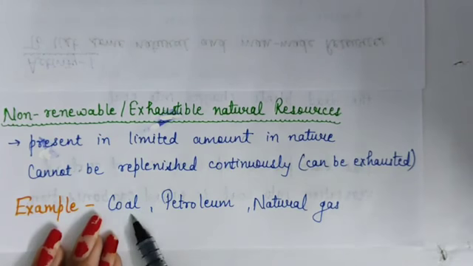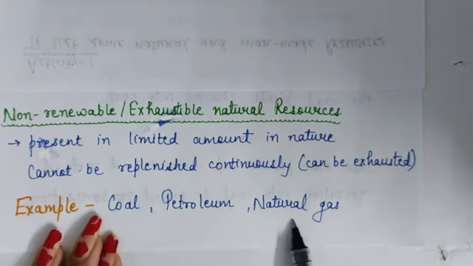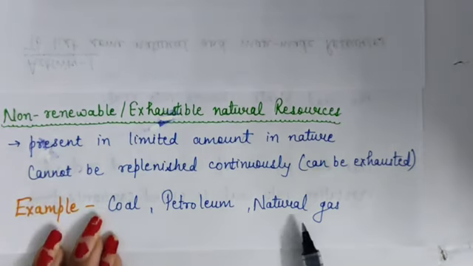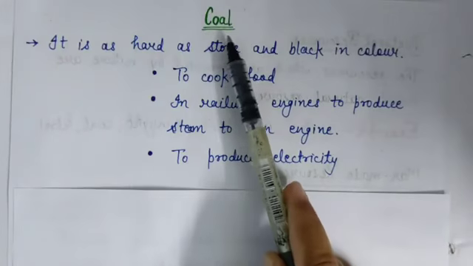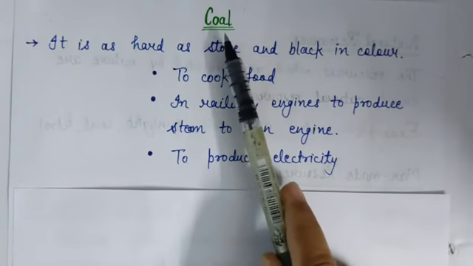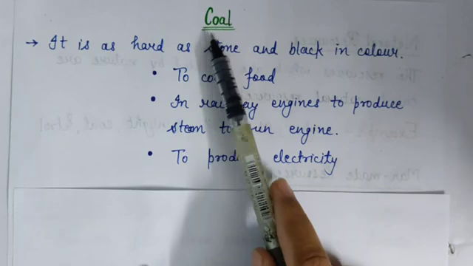So, coal, petroleum and natural gas are some examples of fossil fuels, and they are exhaustible natural resources, means non-renewable natural resources. Now we will study about one of the exhaustible natural resources, that is coal.